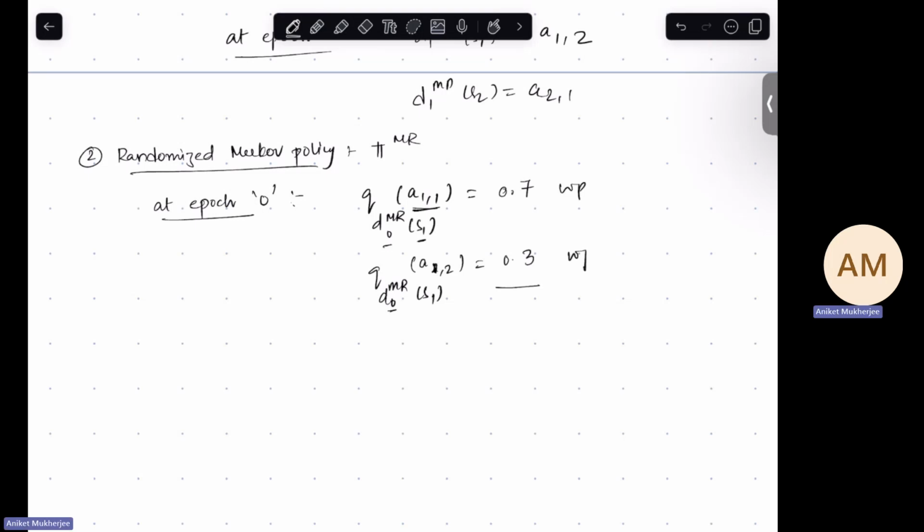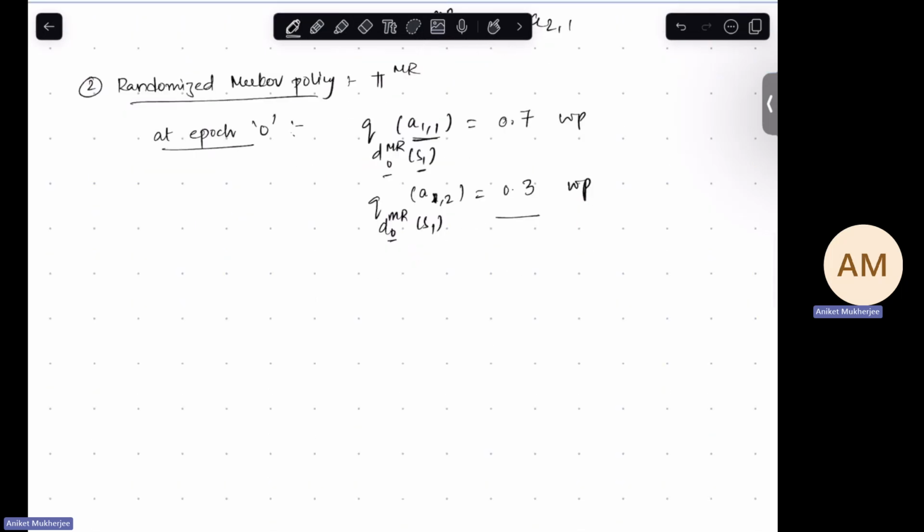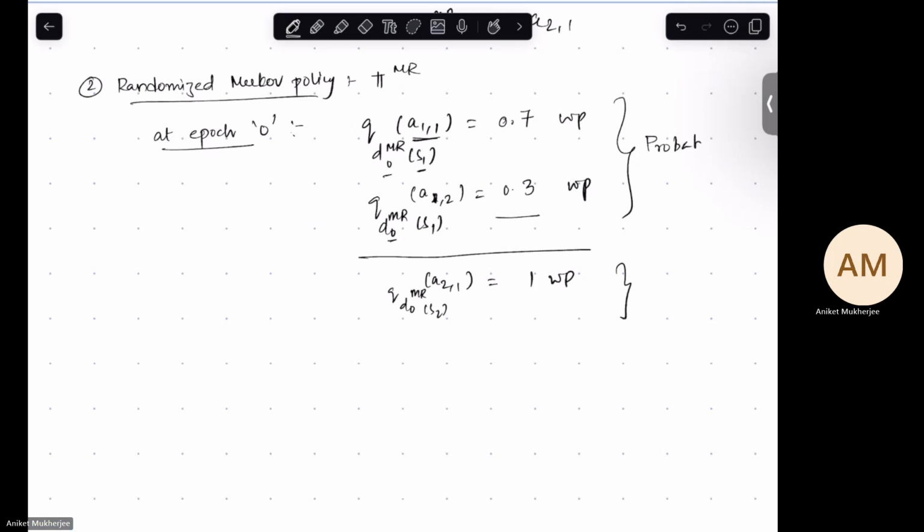So this is one of your probability distributions, on S1. You have to do the same thing for S2. But for S2, since there is only one action, you have to take that action. So A21, you have to take with probability 1. So these are the two probability distributions that you have mapped over.